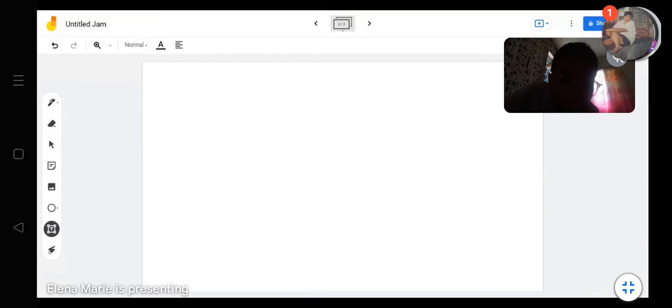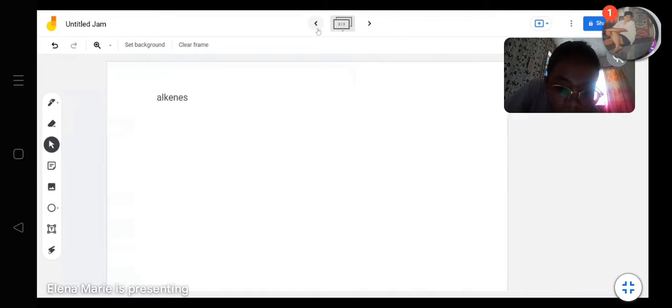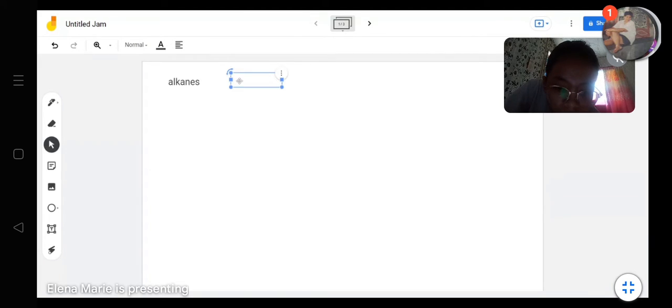We also have the alkynes. Now, the one that is being written there as an example is, for example, since we're talking about fuels, propane.